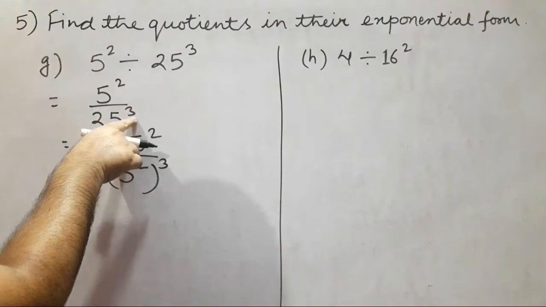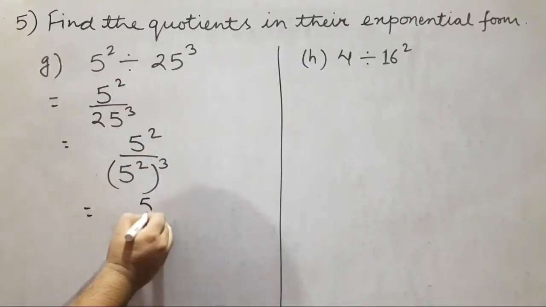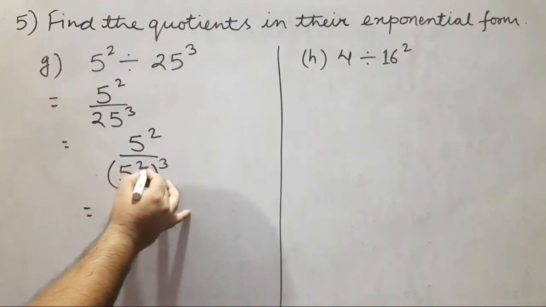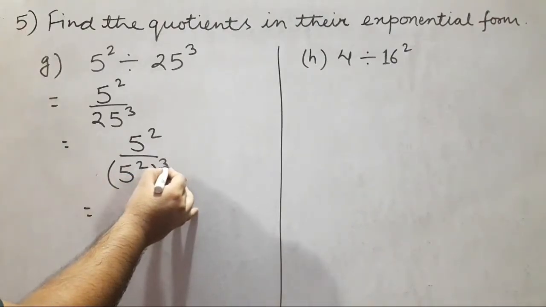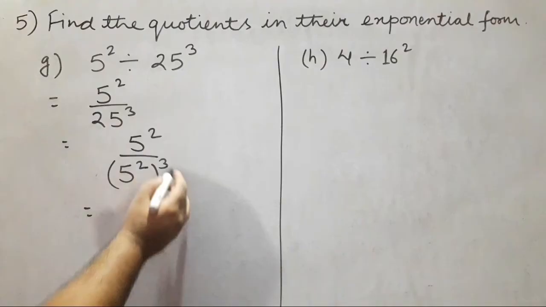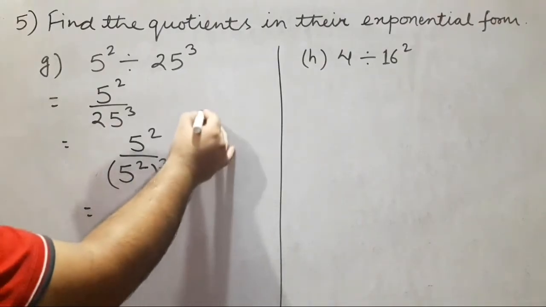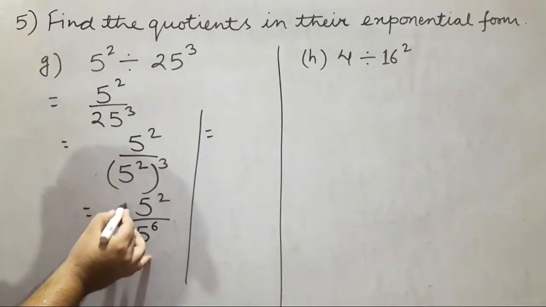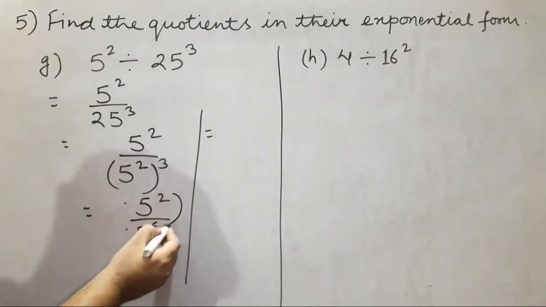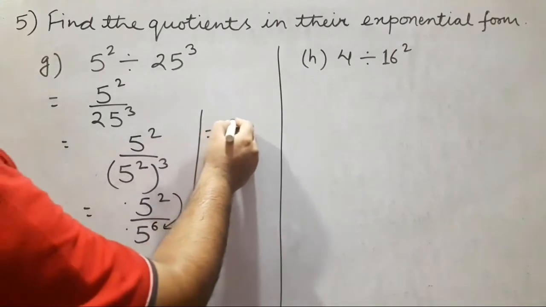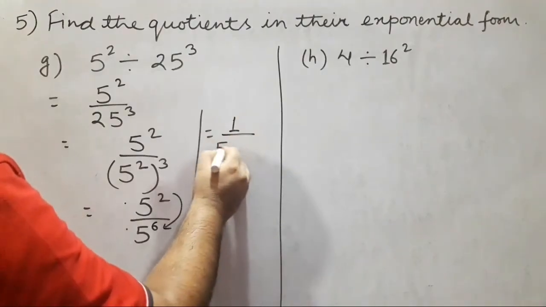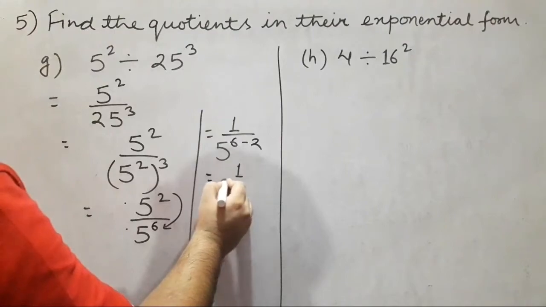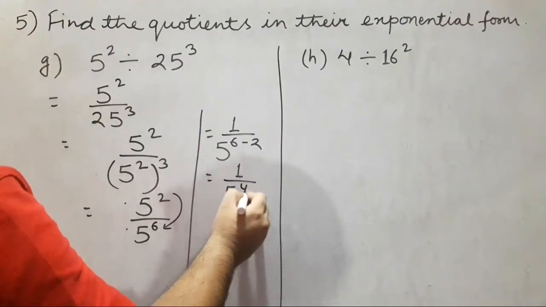Don't forget to write this power. 5 square by 5, the power shall multiply according to the power law of indices. 2 threes are 6, equal to. Now we have got the same bases. Now 2 shall be subtracted from the power 6. 1 by 5 power 6 minus 2 equal to 1 by 5 power 4.